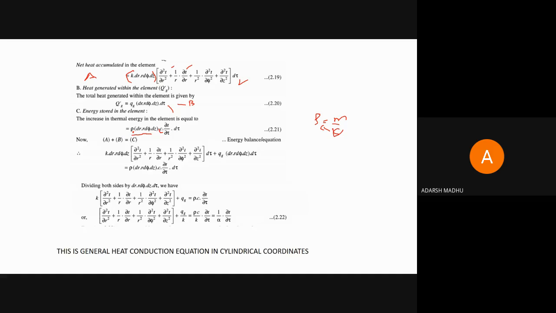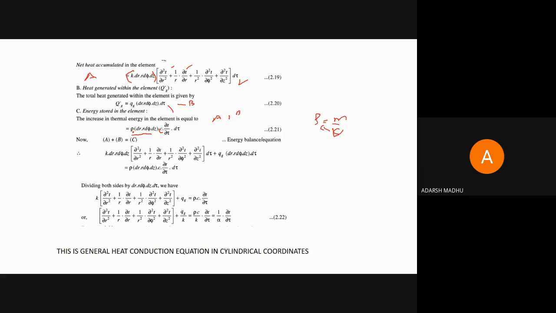Okay, so we have completed A, B, and C. Now we want to summate, or make an equation, that A plus B equal to C. We have A here, B here, and C here. So together by summation of the three equations, that is Q dash G, the B part, the C part, and A part.